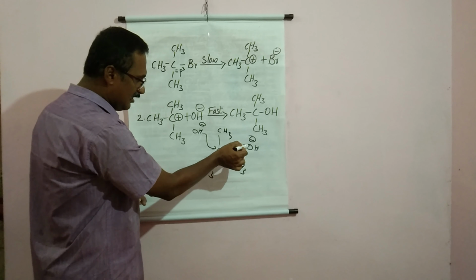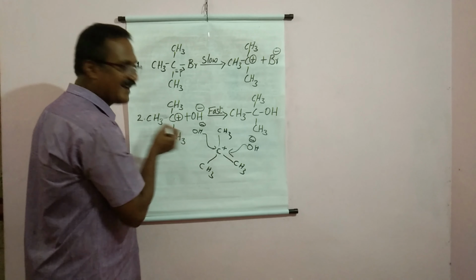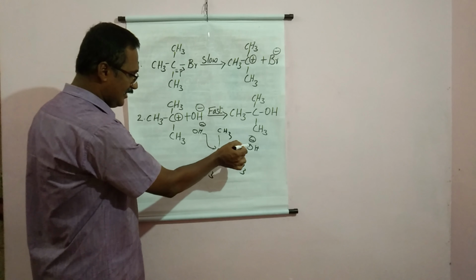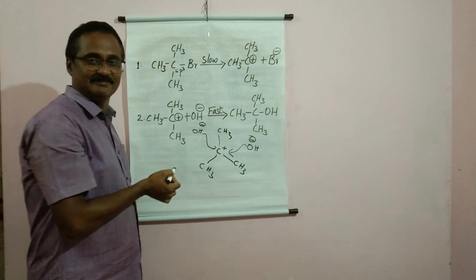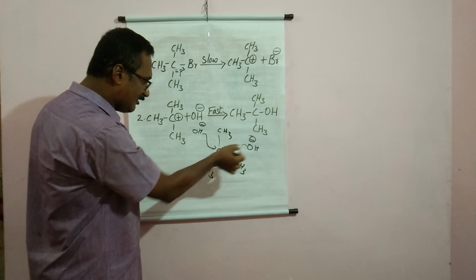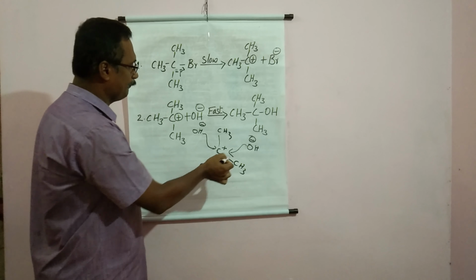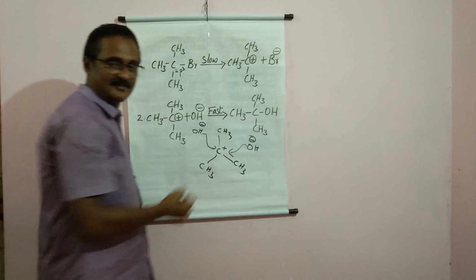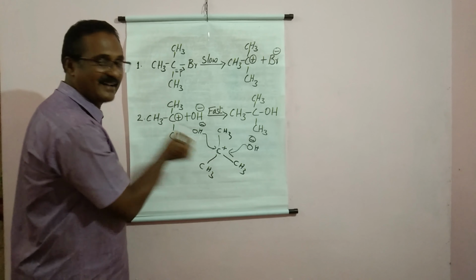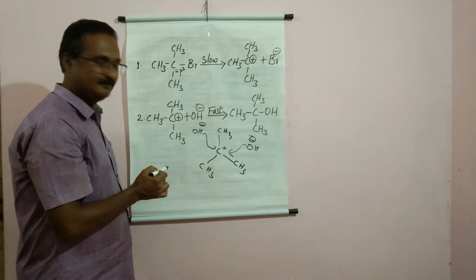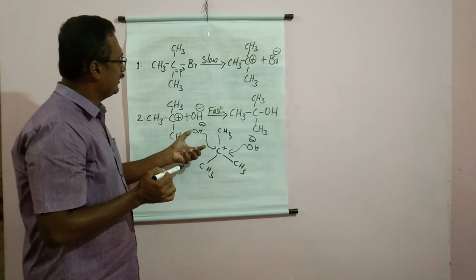That is, front side attack or back side attack. When the OH minus attacks from the front side, retention of configuration takes place. But when OH minus approaches from the back side, or from the opposite side, inversion of configuration takes place.